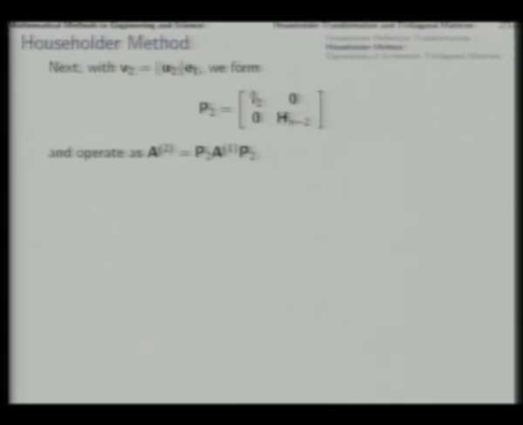Then we construct the next Householder transformation matrix of size n minus 2 by n minus 2 and enhance it with an identity matrix of size 2 by 2 here, and equivalent number of zeros here and here to complete the size.